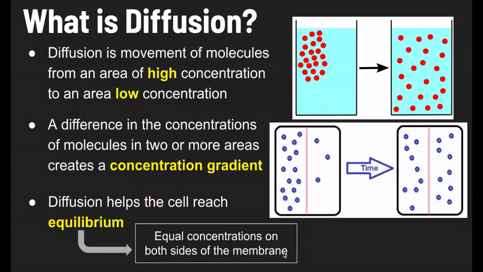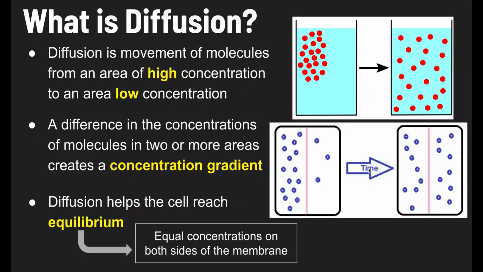So here's another image to help you see this. This pink line represents the cell membrane. And you can see that on this side of the cell membrane, there's a very high concentration of molecules. And on this side, there's a very low concentration. So we have a concentration gradient now. We have one end that's high, one end that's low.